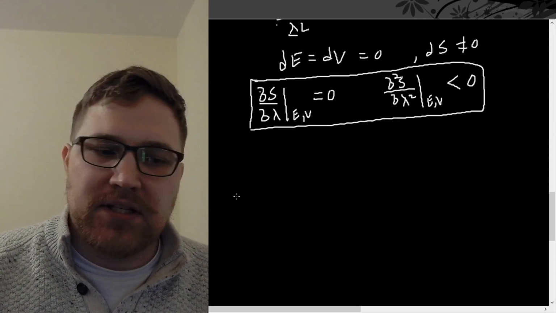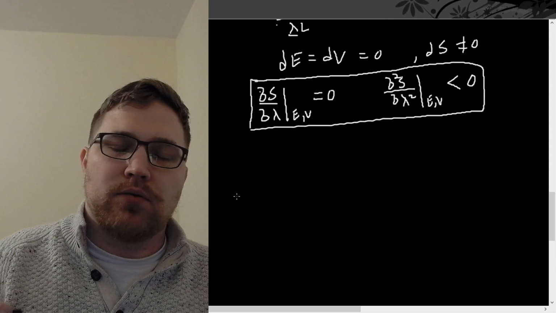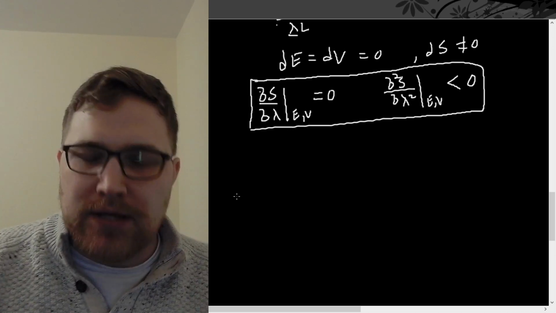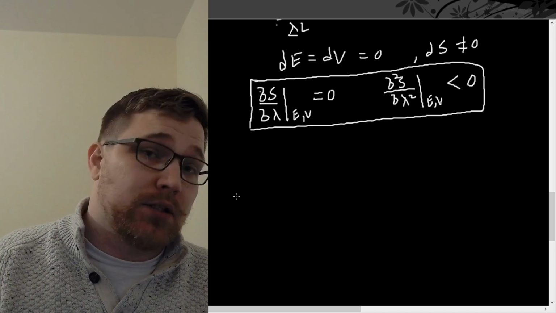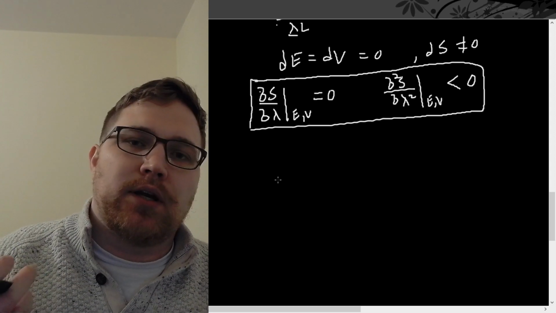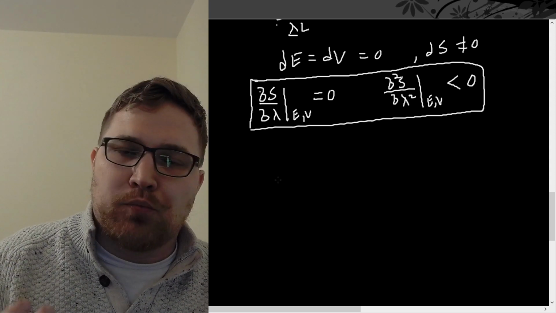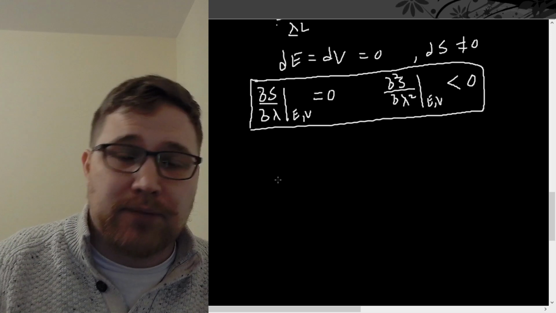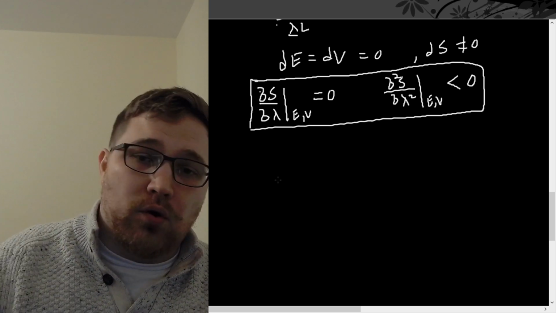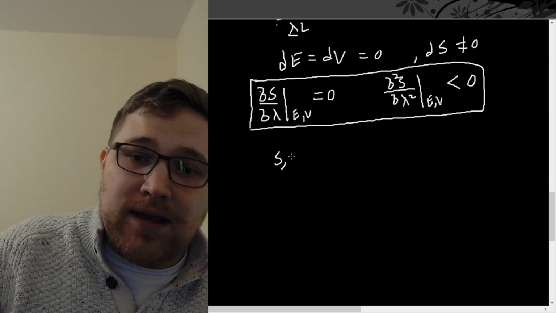So let's see what this statement says about how energy behaves in a similar context. In particular, we're wondering if energy has a special property, like being an extremum, when we hold S and V fixed.